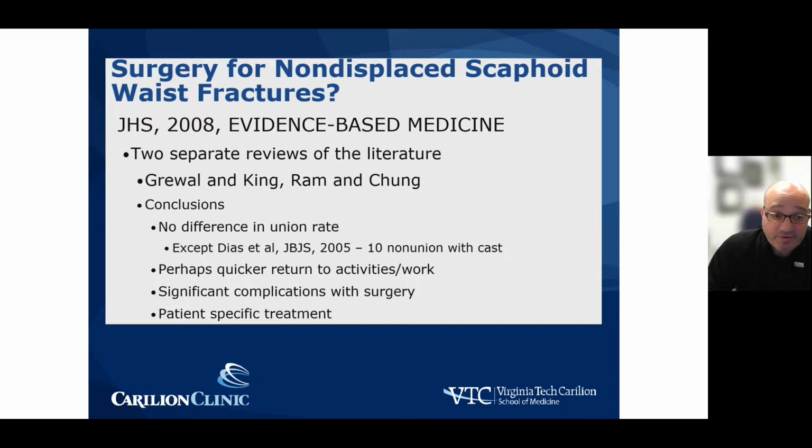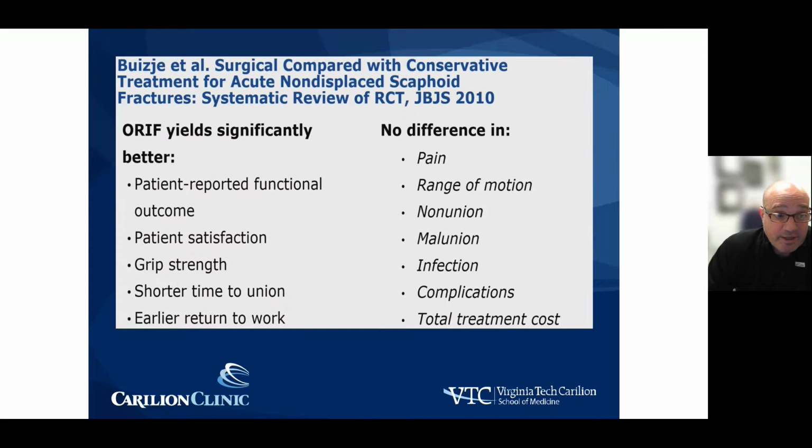Those patients that may not tolerate long-term immobilization, or may need an earlier, quicker return to work, that's when percutaneous fixation may be considered. But again, patient-specific treatment is what was recommended. Again, Bhandari and his team looked at a systematic review of randomized controlled trials in JBJS 2010, and they were able to note that with ORIF for acute non-displaced fractures, patient-reported functional outcomes were better, patient satisfaction was increased, grip strength was better, time to union was shorter, and there was an early return to work.